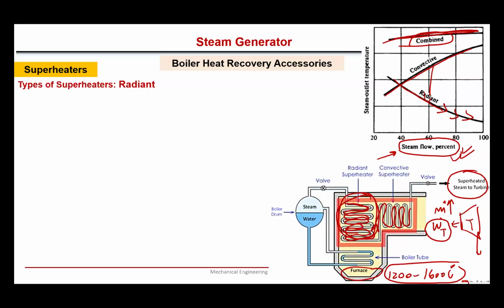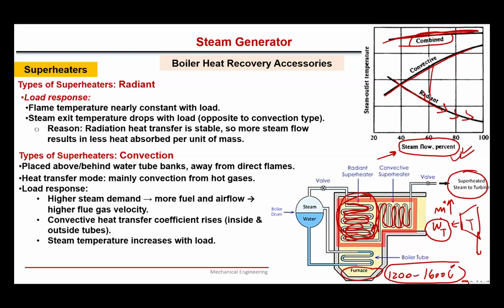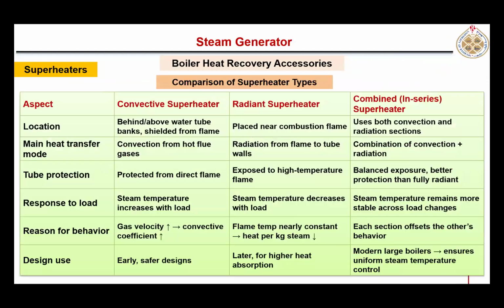Okay, so this is a general description of how the radiative and convective parts of the superheater will respond to high steam flow rate. Overall, in the comparison of these superheaters, it could be an all-convective superheater if those tubes are away from the main flame. If the tubes are very near to the main flame, then it acts like a radiant superheater.